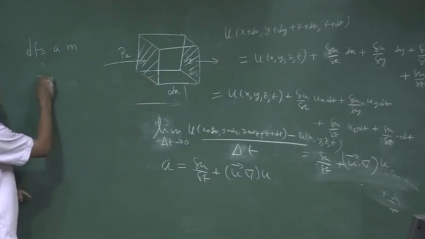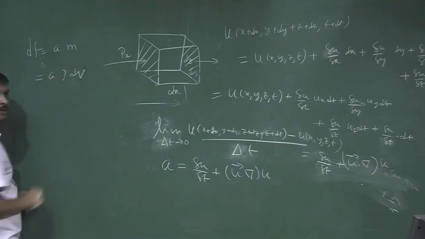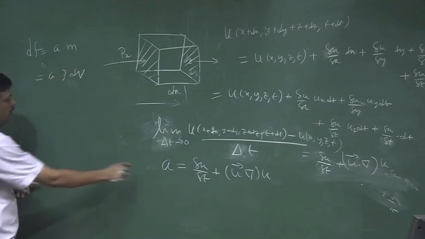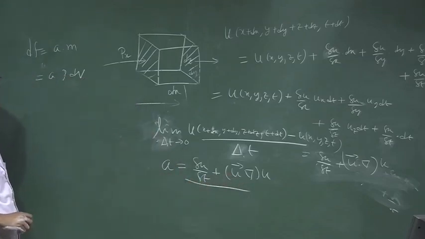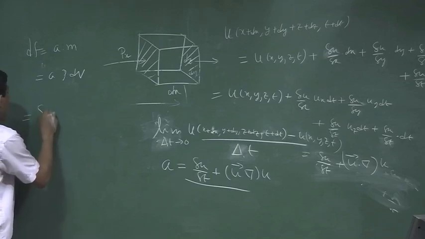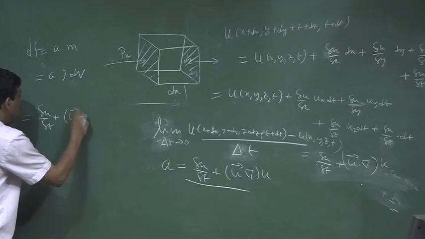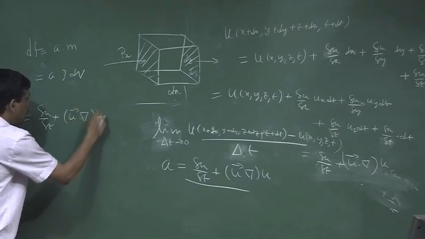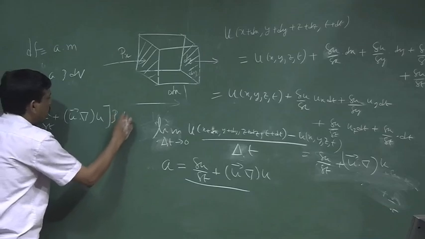So, it is a into rho dV, and I can put the value of a in here. So, I get ∂u/∂t plus u·∇u multiplied by rho dV.